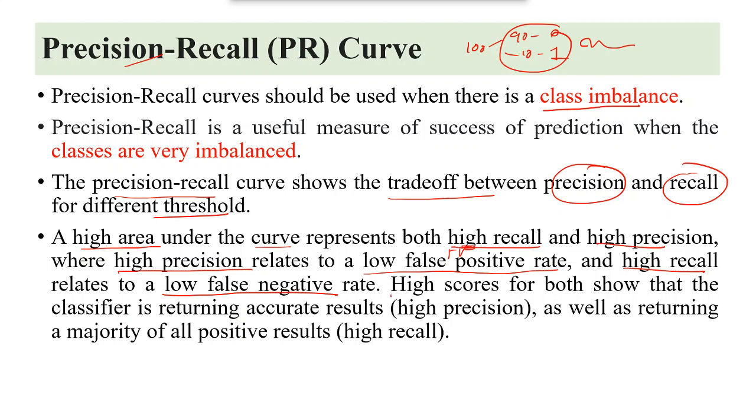So a high score for both precision and recall shows accurate results. Accurate results means it gives high precision as well as returns the majority of all positive classes, which means high recall.